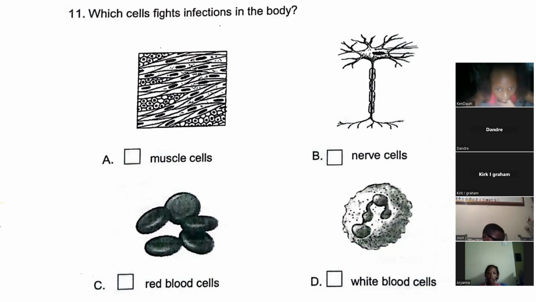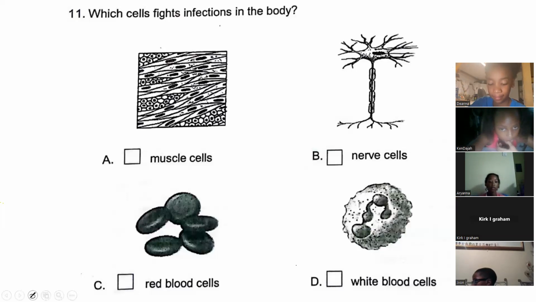C. Red blood cells. D. White blood cells. Very good. So what is the correct answer, Ariana? Is it D. White blood cells? Yes, that's correct. So the white blood cell is responsible for fighting infections.